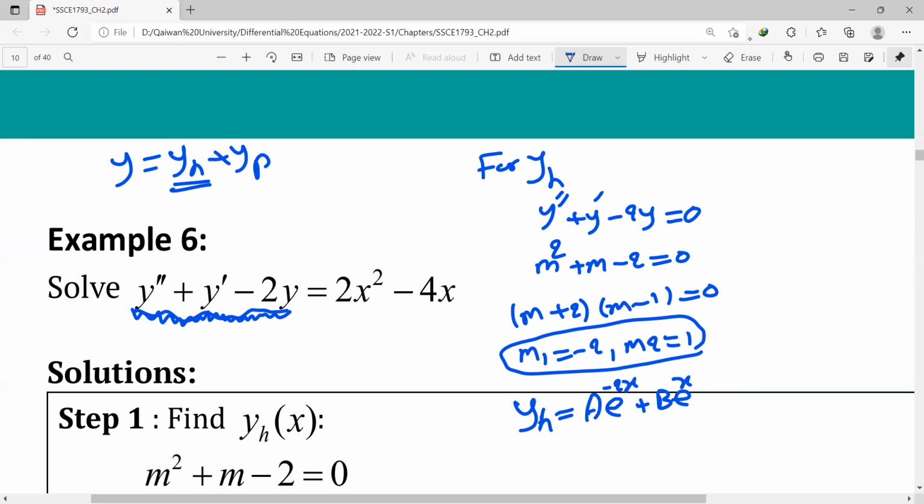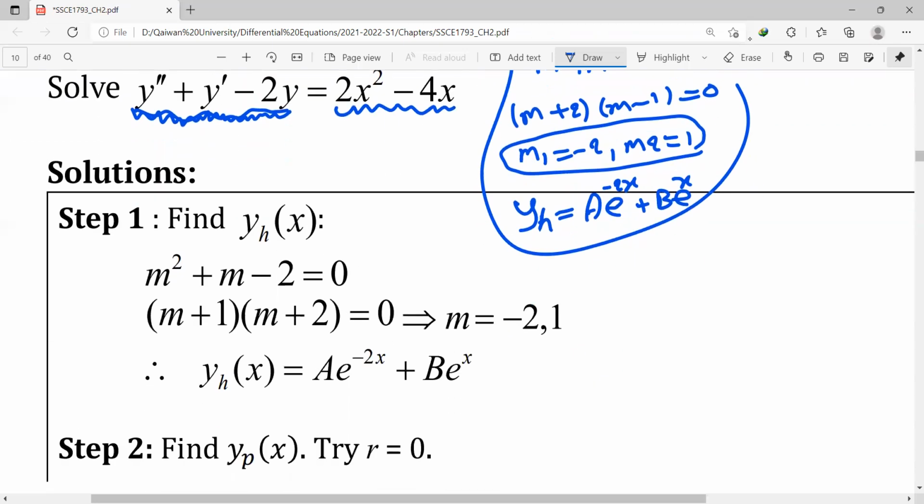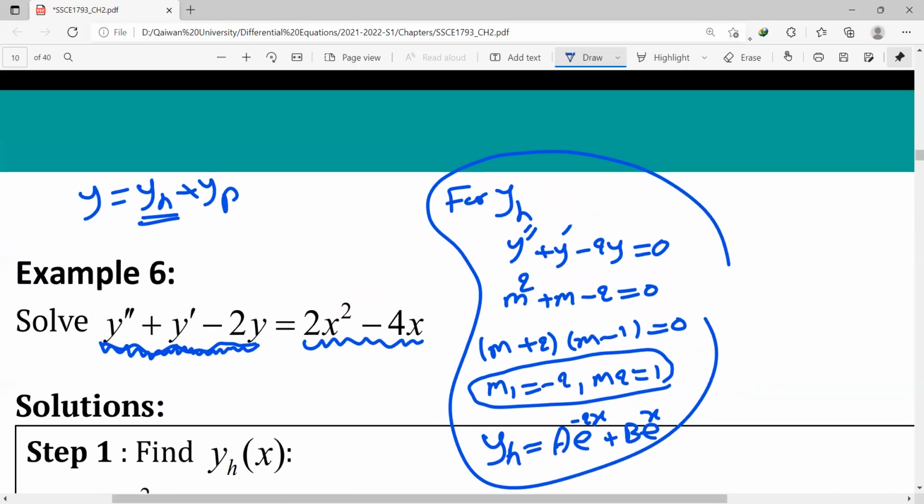We now try to find the particular solution. We have a polynomial of degree 2 on the right hand side. I'm going to clean this one because it's solved there.